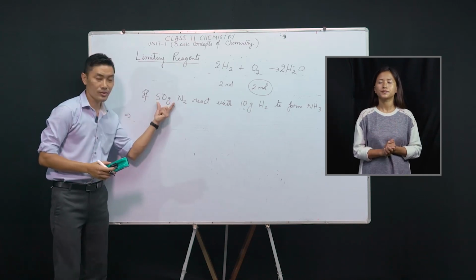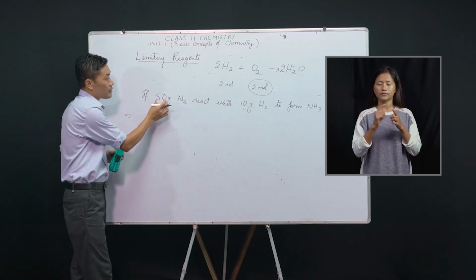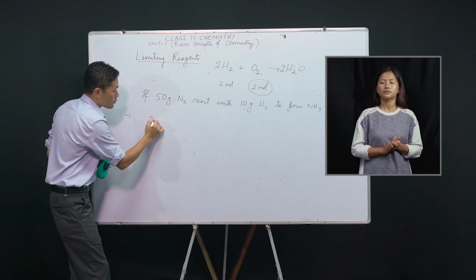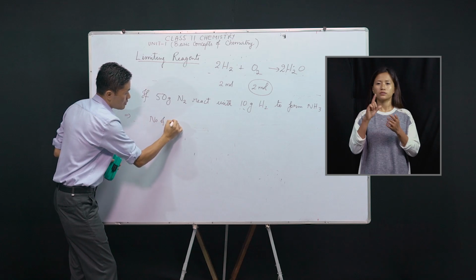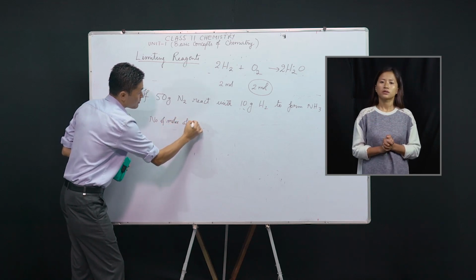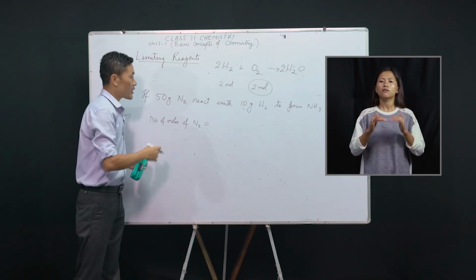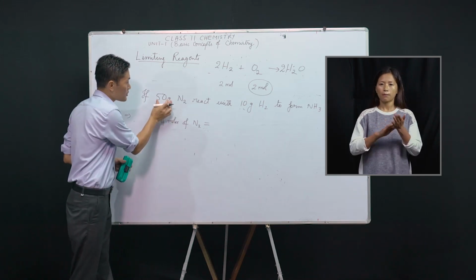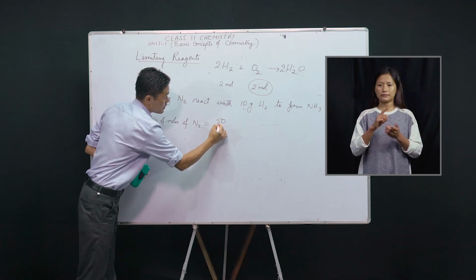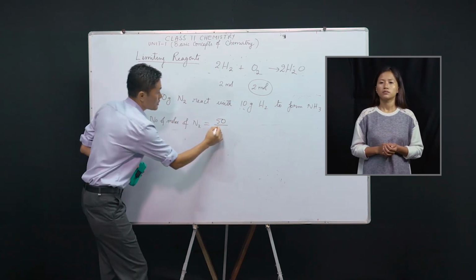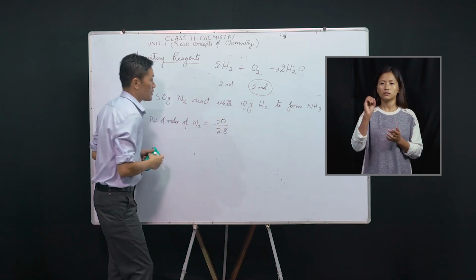Now, in this given reaction, the mass of nitrogen is 50 grams. So the number of moles of nitrogen will be equal to the mass divided by molecular mass. Mass of nitrogen is 50 grams in this reaction. This we divide by the molecular mass of nitrogen, which is 28.